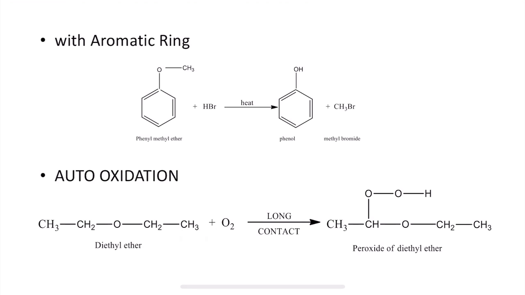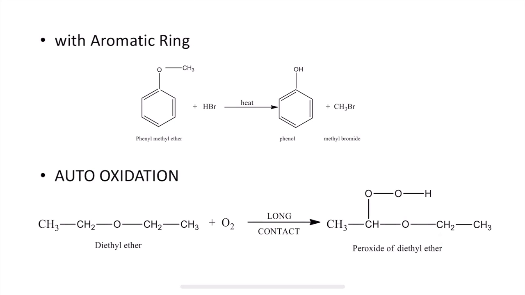When it comes in long contact with atmospheric oxygen, peroxide of diethyl ether is formed. Ethers that are exposed to the atmosphere for a long time contain peroxides. They are hazardous because peroxides decompose violently at higher temperature.